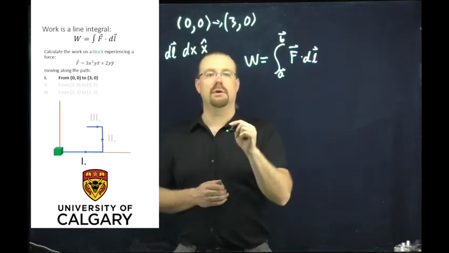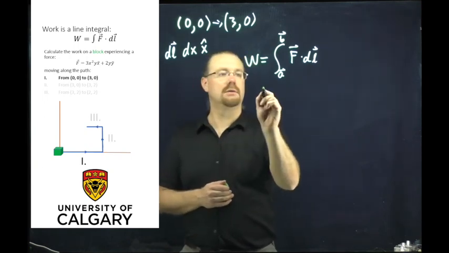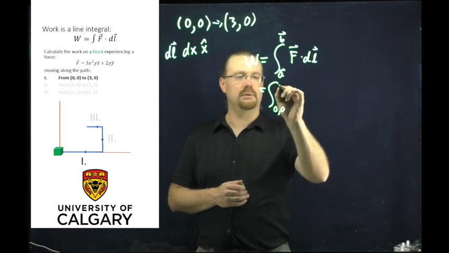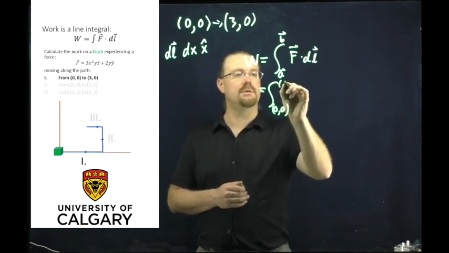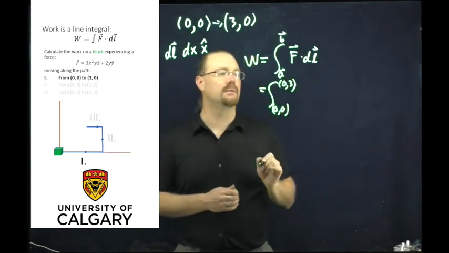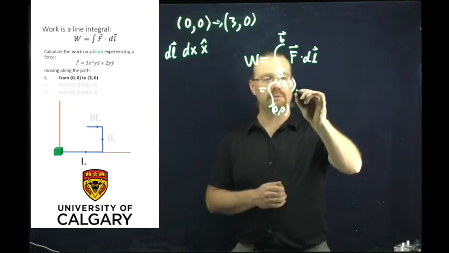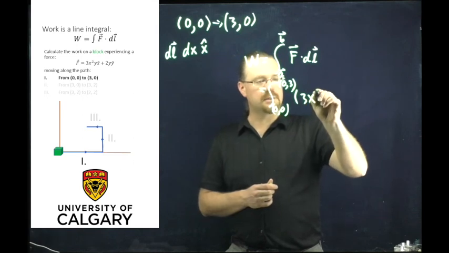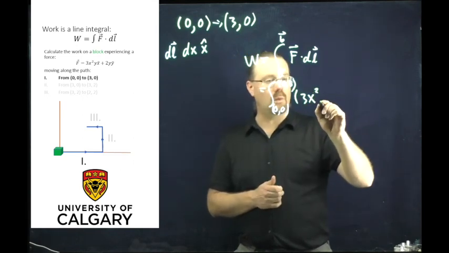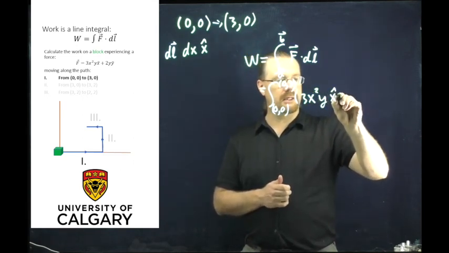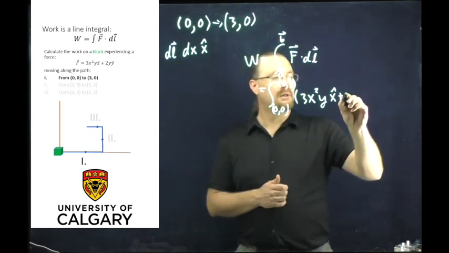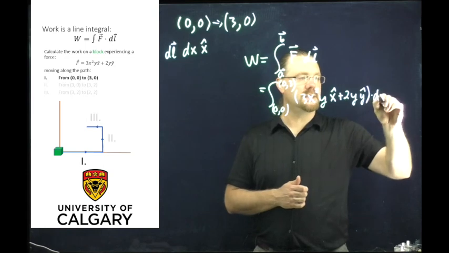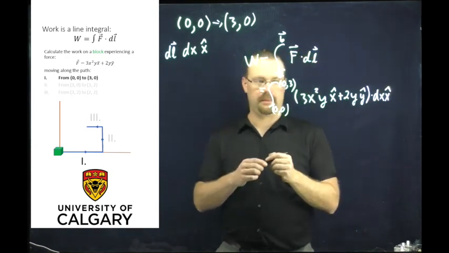This means that our work is going to wind up being the integral from 0, 0, up to 0, 3 of our force, which we know is 3x squared y x hat plus 2y y hat, dotted with dx x hat.